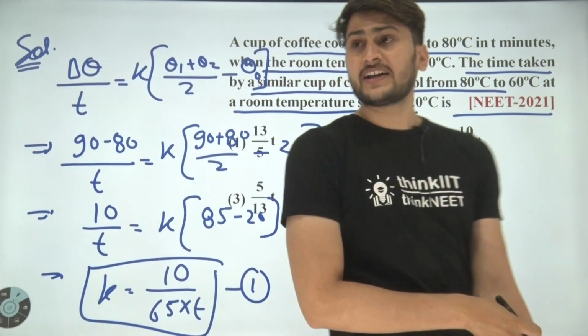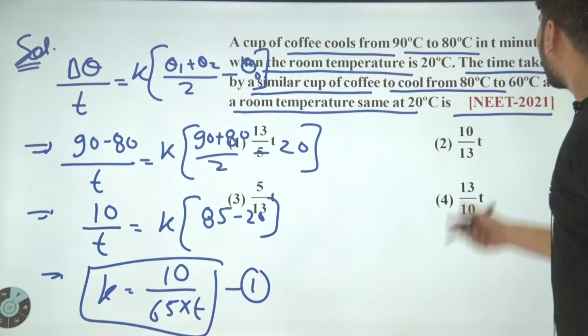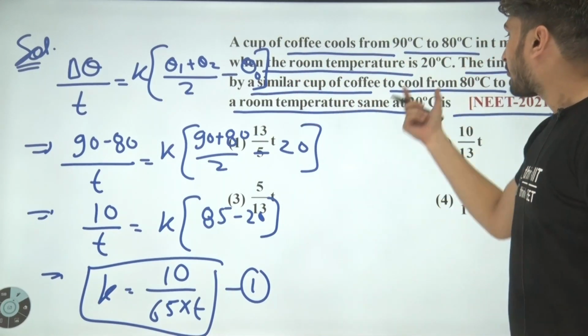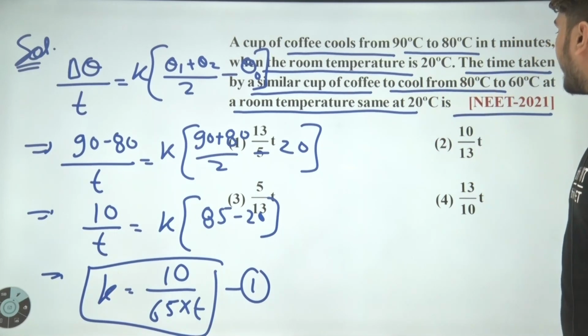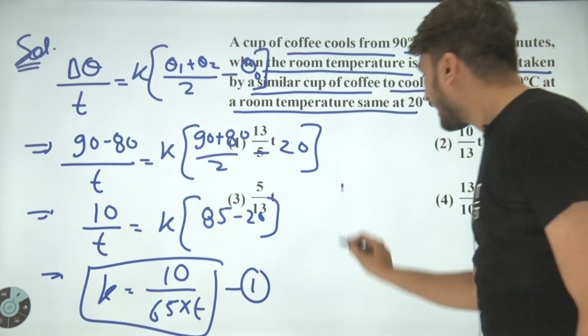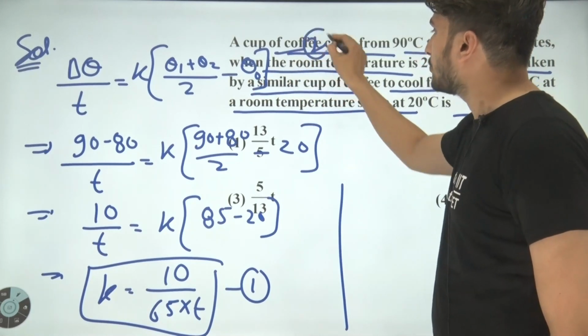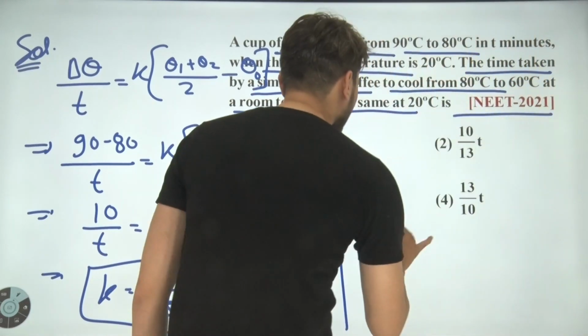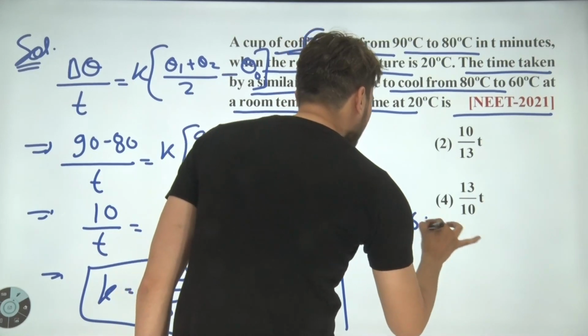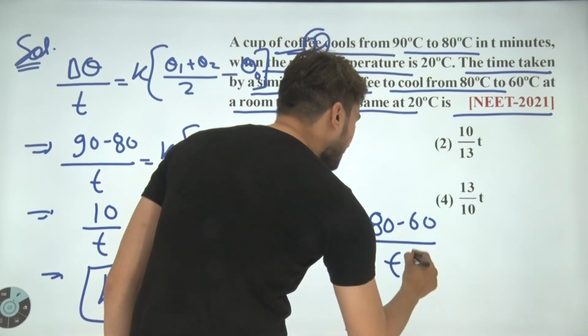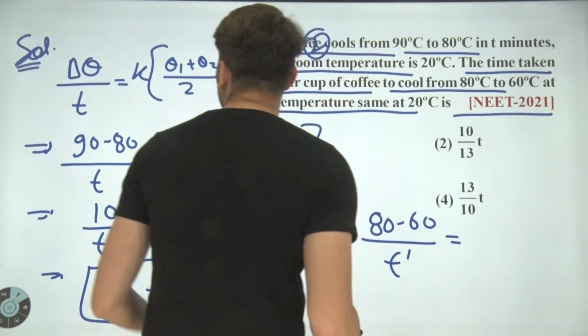Now students, what do we have to find? The time taken by a similar cup of coffee to go from 80 degree centigrade to 60 degree centigrade. So now again we put the values in this equation, which is equation number 2. Delta theta is here 80 minus 60, divided by the time we have to find, which is t dash, equal to k.